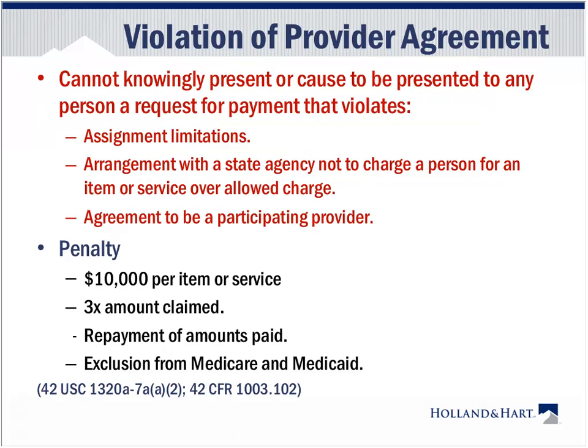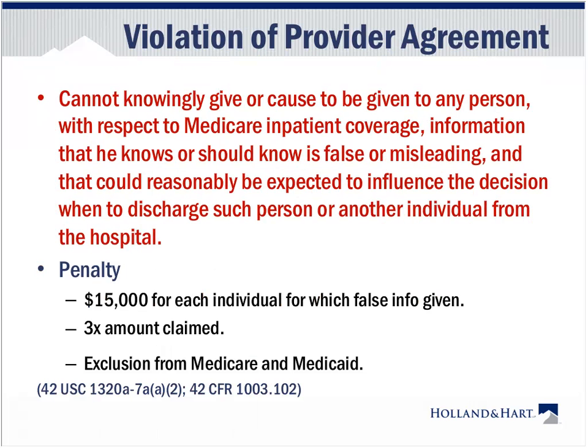You cannot knowingly present or cause to be presented to any person a request for payment that violates assignment limitations, an arrangement with a state agency not to charge a person for an item or service over an allowed charge, or an agreement to be a participating provider. Additional penalties: $10,000 per item or service, treble damages, repayment of amounts paid, and exclusion.